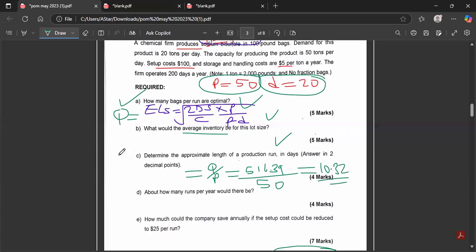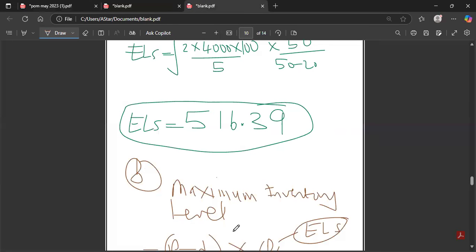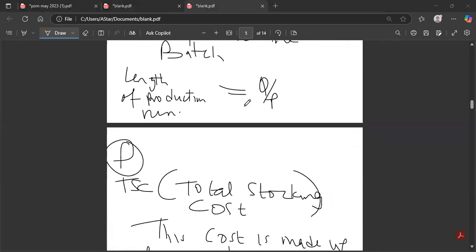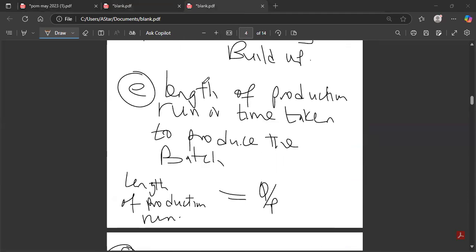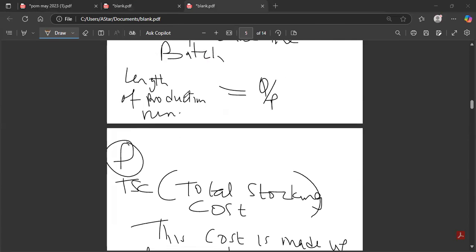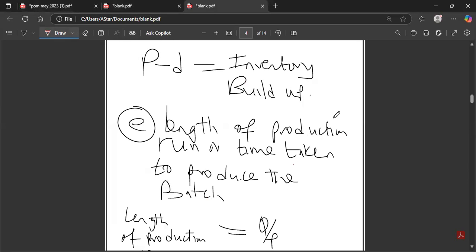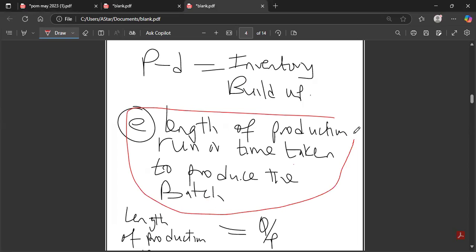This is also called time taken to produce a batch. I gave you the format to say this is also called time taken, length of production run, or time taken to produce the batch. You can see it, right? All together. Is that okay with you?